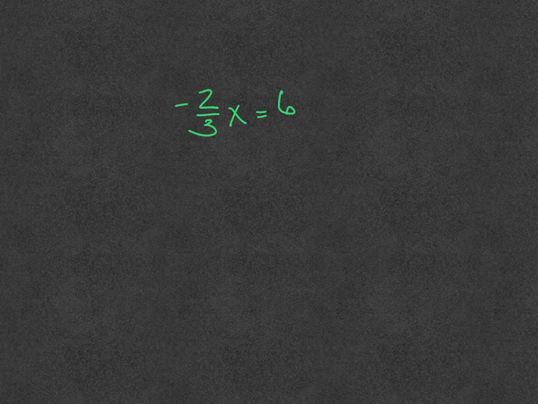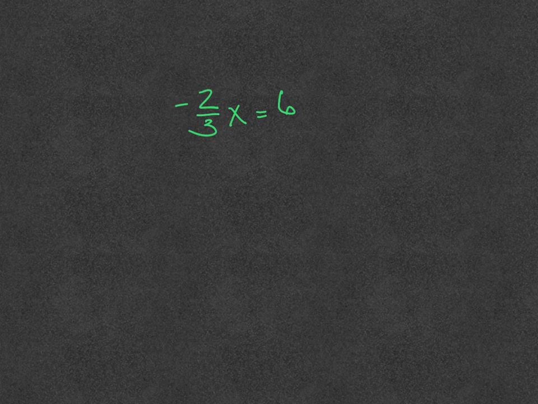All right, one last problem, and this is probably the most difficult problem, the one that most students struggle with, and that is when you have a fraction next to a variable, and your fraction is a coefficient. How do you get rid of this? Well, you still do the reciprocal. Whatever the reciprocal of this fraction is, you multiply both sides by that reciprocal.